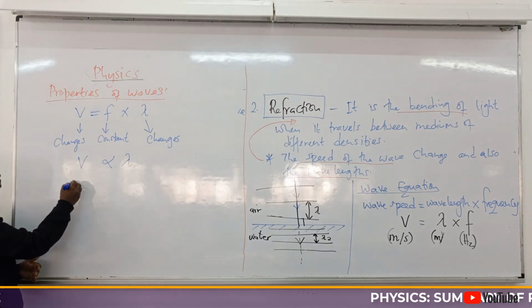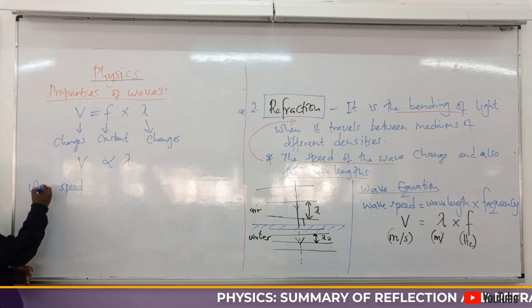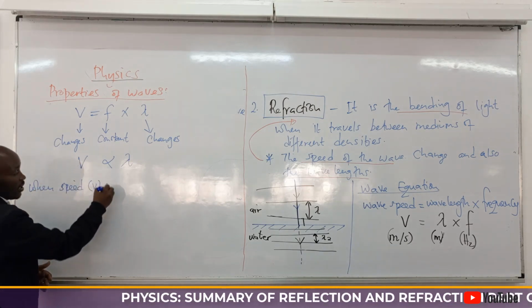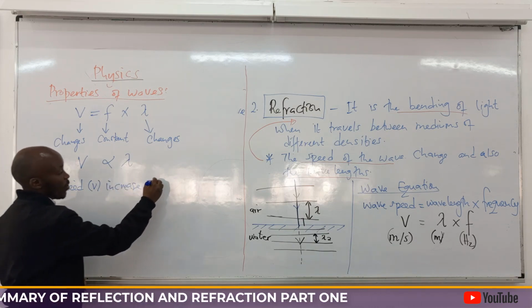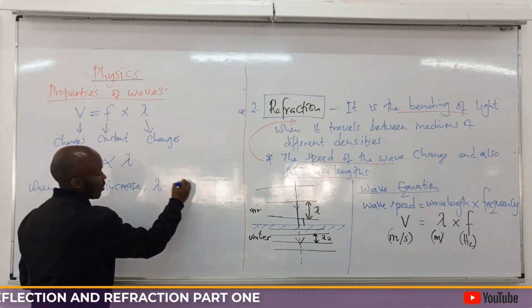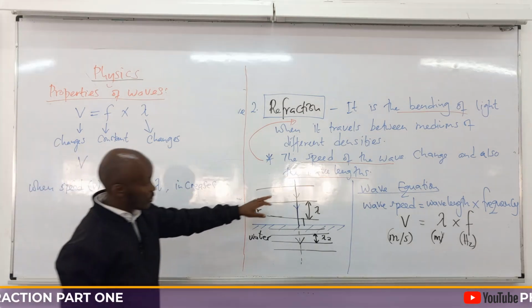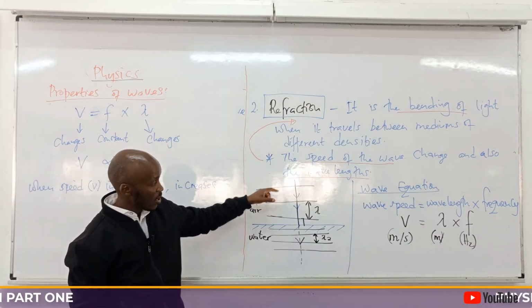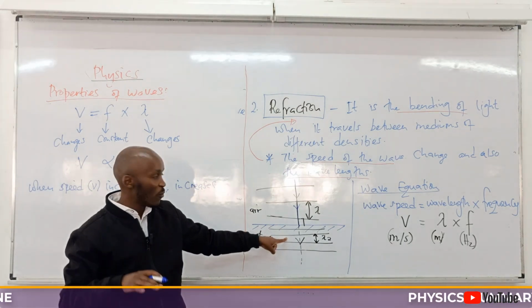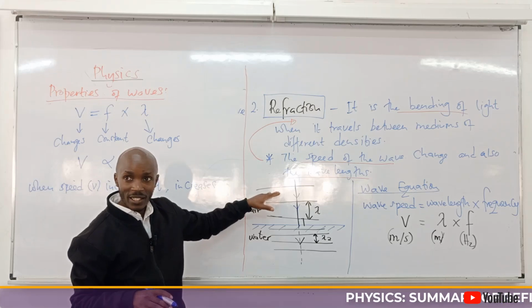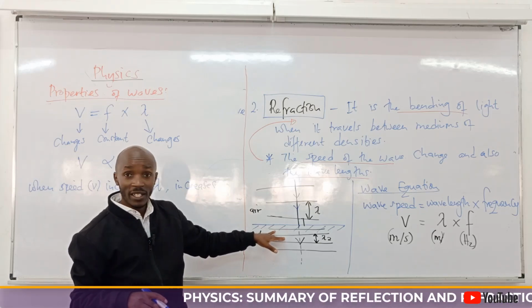So when speed V increases, what happens to wavelength? Wavelength increases. And this is why, when you check back here, when we say the speed decreases as we are moving from a less dense to a more dense medium, you can see what is happening.